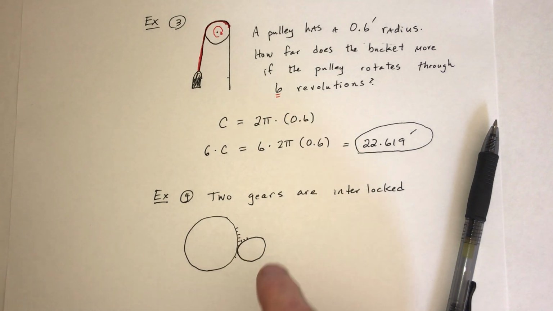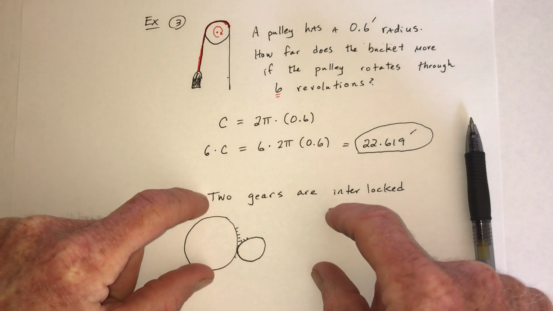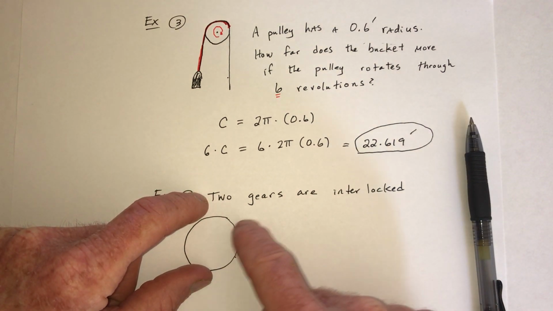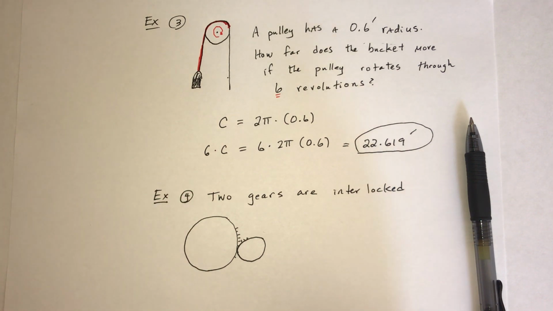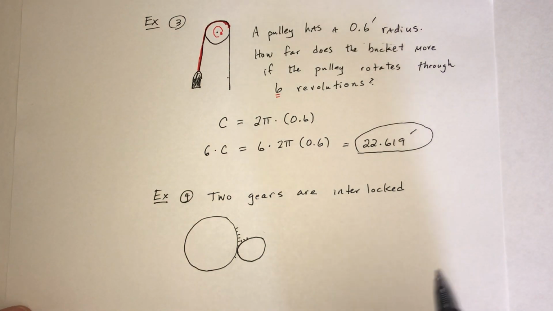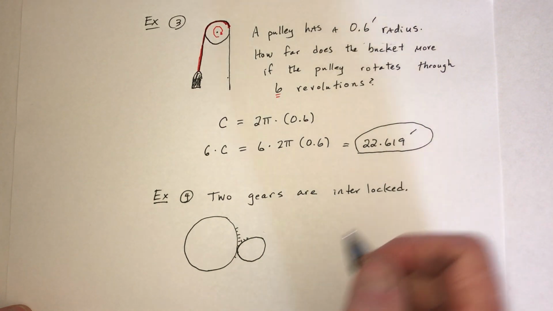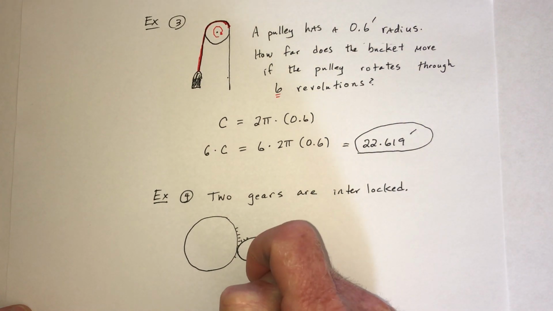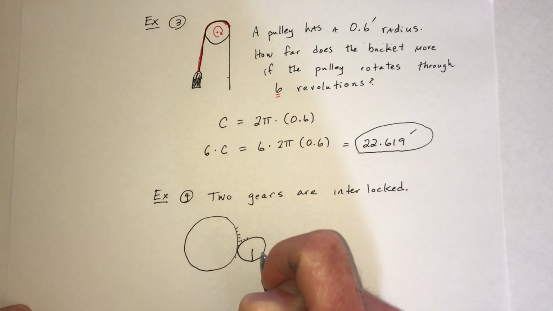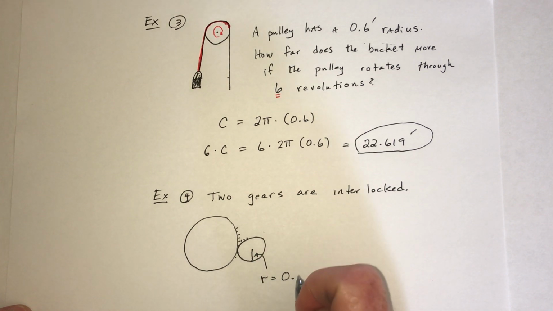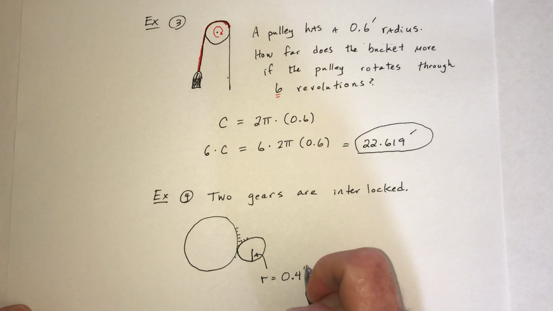Or the other way you could look at it is you could take these 2 wheels and separate them, and then they could be interlocked with a chain like on a bicycle. Same idea. Okay, these 2 are interlocked. So this small one, the radius is equal to 0.4 inches.